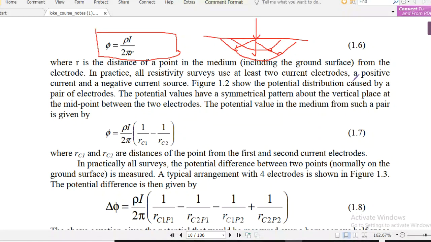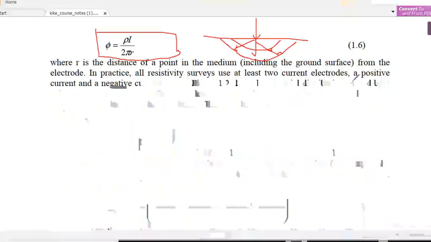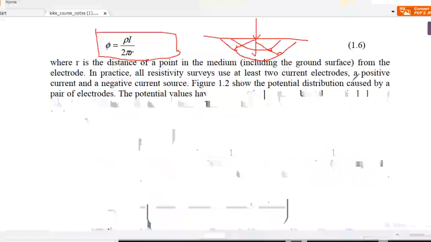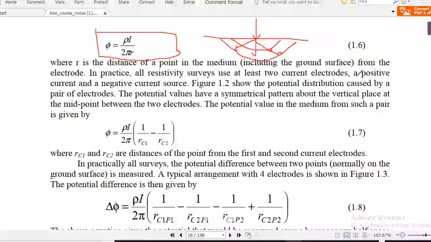In practice, all resistivity surveys use at least two current electrodes, a positive current and a negative current. We use two electrodes, but for a single electrode, phi is equal to rho I over 2 pi r.